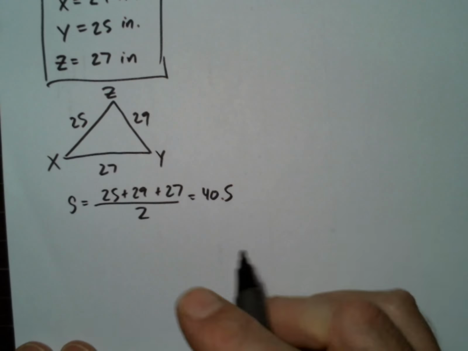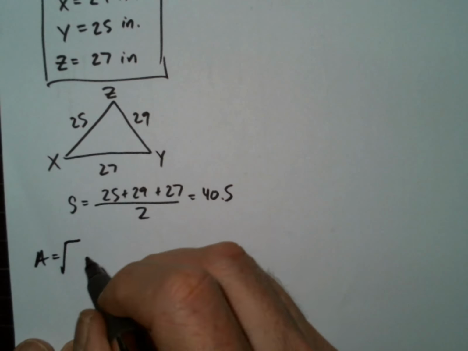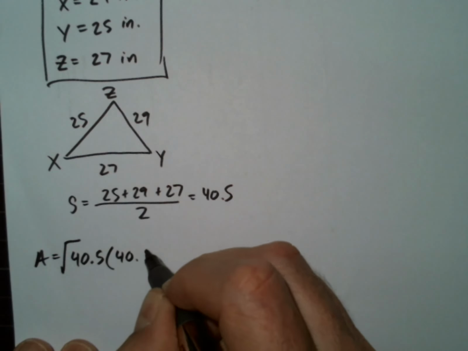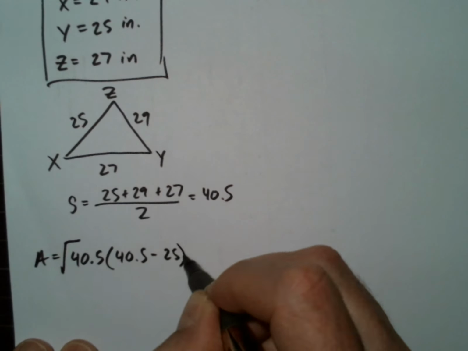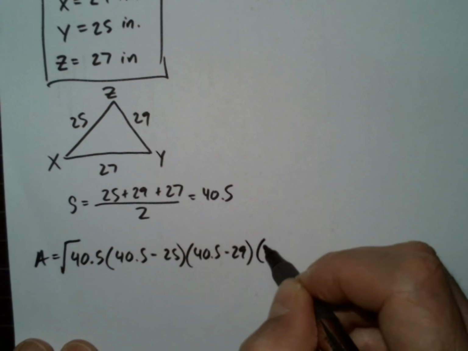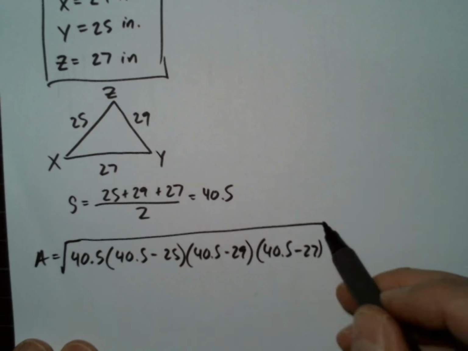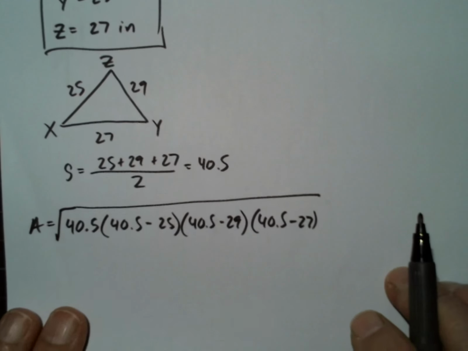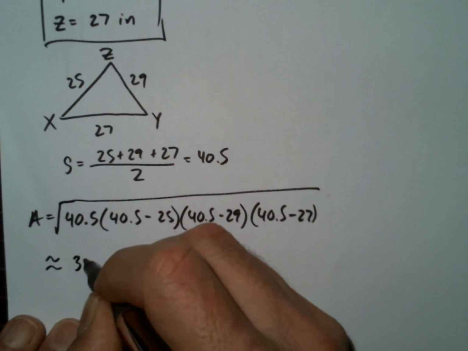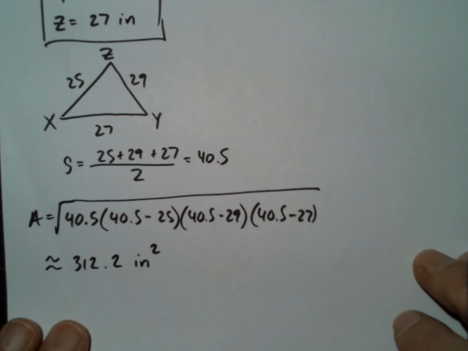And then we just use that formula. Area is the square root of 40.5 times 40.5 minus 25, 40.5 minus 29, 40.5 minus 27. And that's approximately 312.2 square inches.